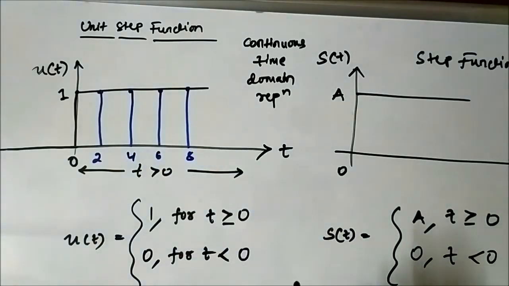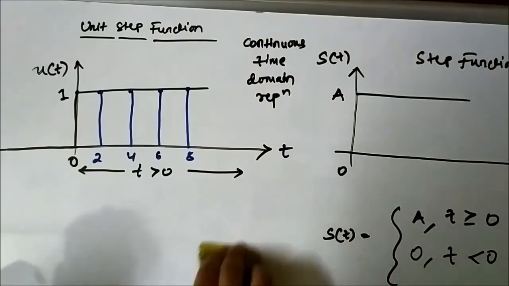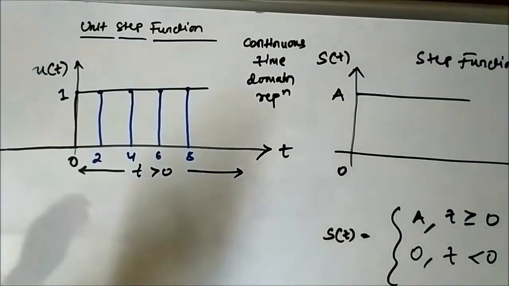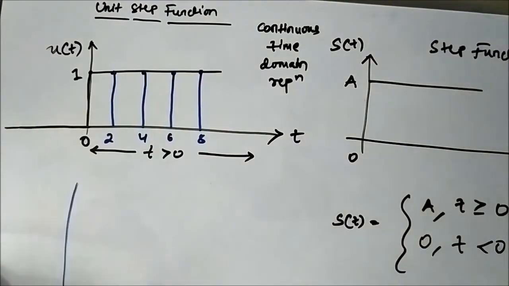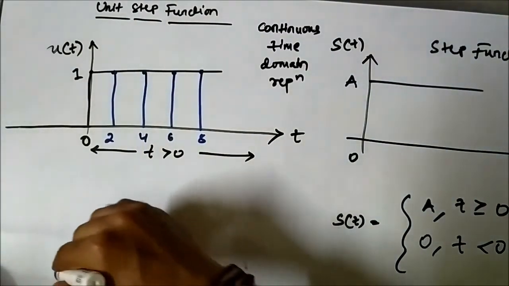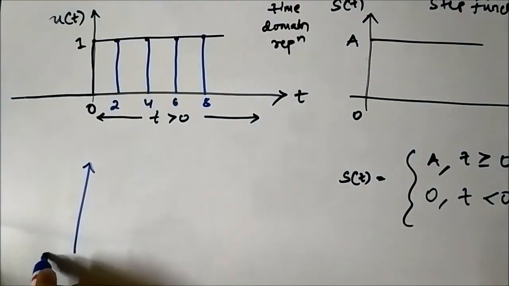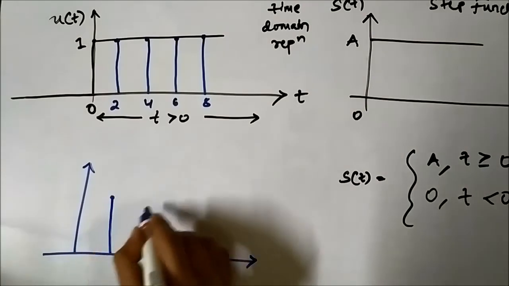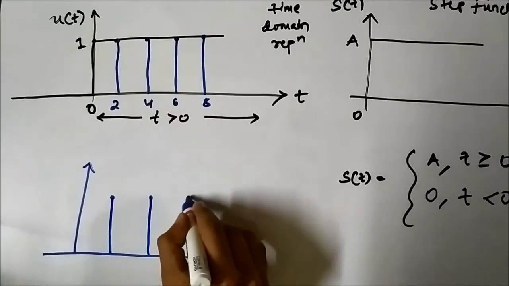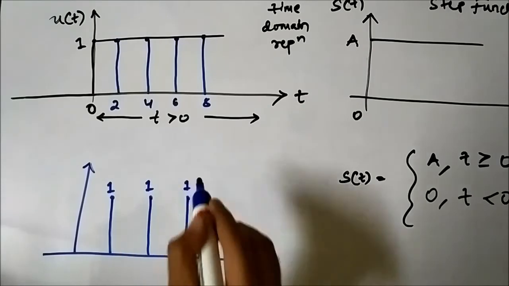In that case the discrete time signal will look like this, all having value equal to 1.